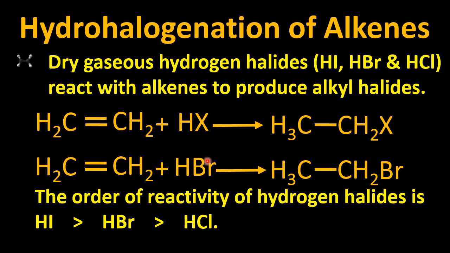For example, we are taking hydrogen bromide here. So one of the bonds of ethene will break, and one of the carbon atoms will form a bond with hydrogen, giving us an alkyl group. When we have 3 hydrogen atoms with carbon, we name it alkyl. And if it is 4, it means we are talking about alkane.